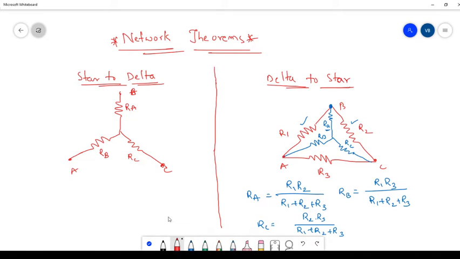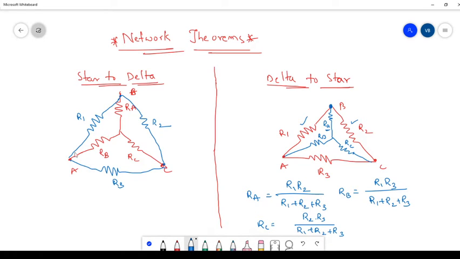So here I need to convert this star formation into delta formation. So we are going to get the equivalent by connecting these two nodes with a resistor, another resistor between nodes B and C, and a third resistor between nodes A and C. So this is a delta connection. Let us take this as R1, this as R2 and this as R3.